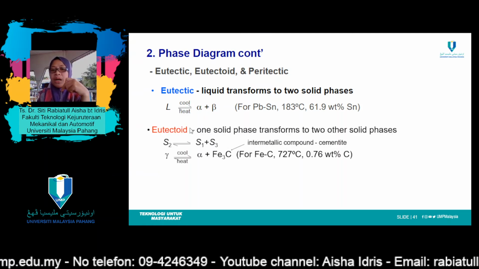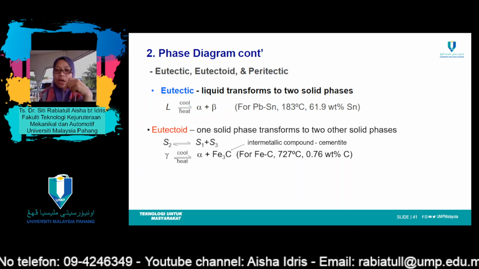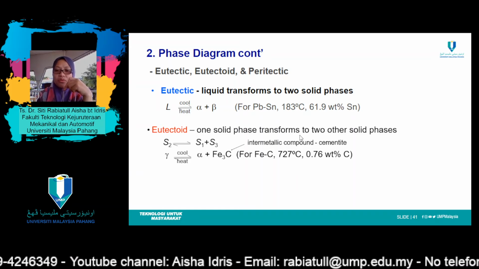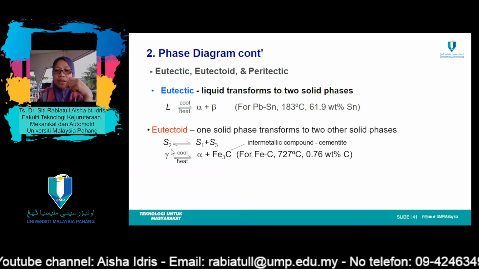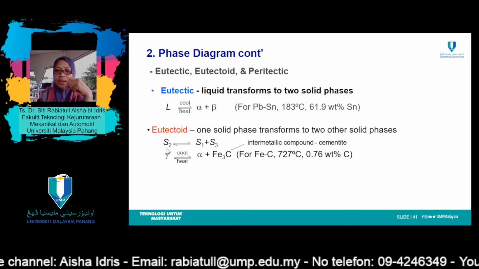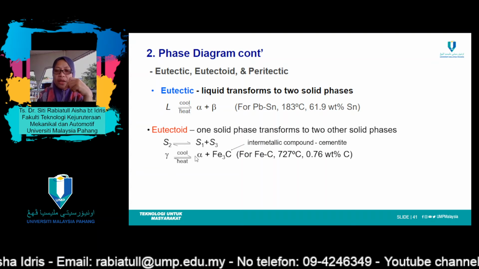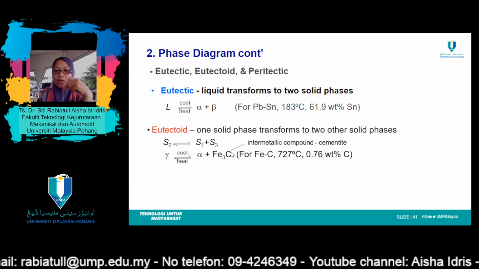However, there is another point in the phase diagram which is known as eutectoid. Eutectoid refers to one solid phase transforming to other solid phases. For example, this one, cementite, gamma, sorry. Gamma, after solidification, starts to form two other solid phases.